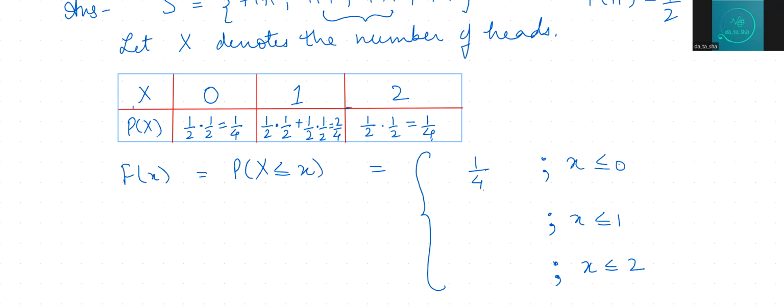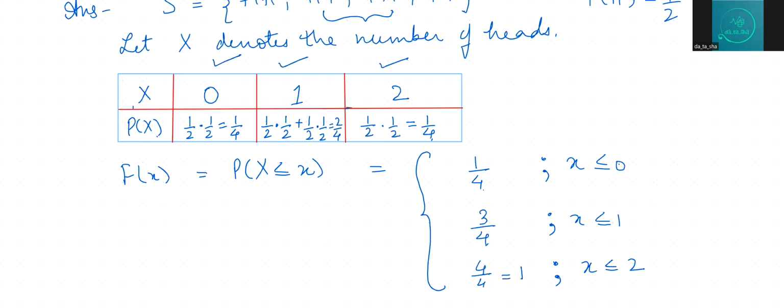X less than or equal to 1 would include 0 and 1, both the cases. So I'll just add them up. So it becomes 3 upon 4. And x less than or equal to 2 will include 0, 1 and 2 together. So this is nothing but 1 upon 4 plus 2 upon 4 plus 1 upon 4. That is 4 upon 4, which is nothing but 1.